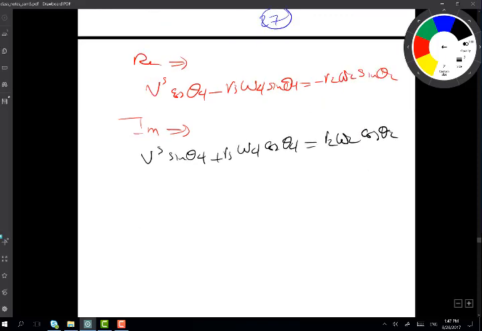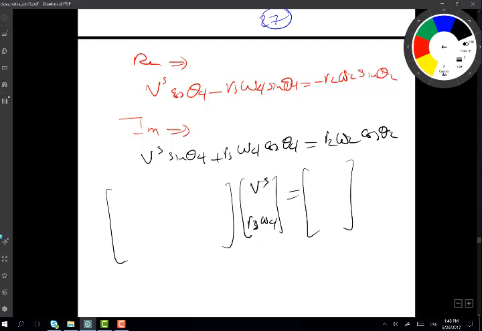And if I arrange those together in a matrix form, I can have Vs and R3 omega 4, and here inside that I can have my Jacobian. On the other side, I'll have R2 omega 2 times minus sine theta 2, cosine theta 2.